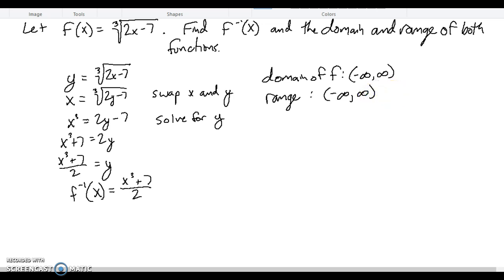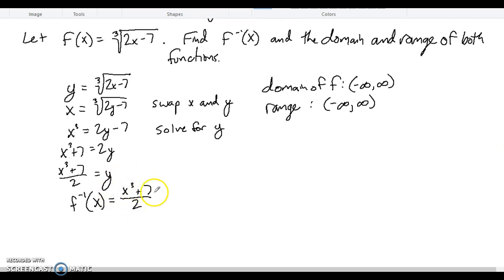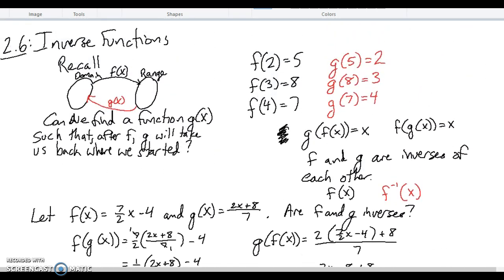Now for the domain and range of f inverse. We could look directly at this, but I want to point out something else. Let's go all the way back up to when I first introduced inverse functions. F took us from one set, which we called the domain, to another, which we called the range. And then g, or f inverse, took us back.